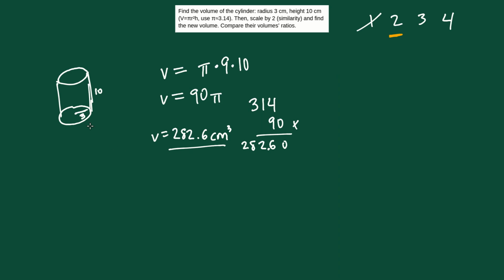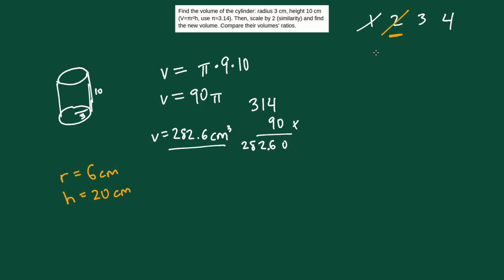If we're scaling by 2, the new radius would be 6 centimeters, and the new height would be 20 centimeters. So that's step 2, scale by 2. That's pretty quick.